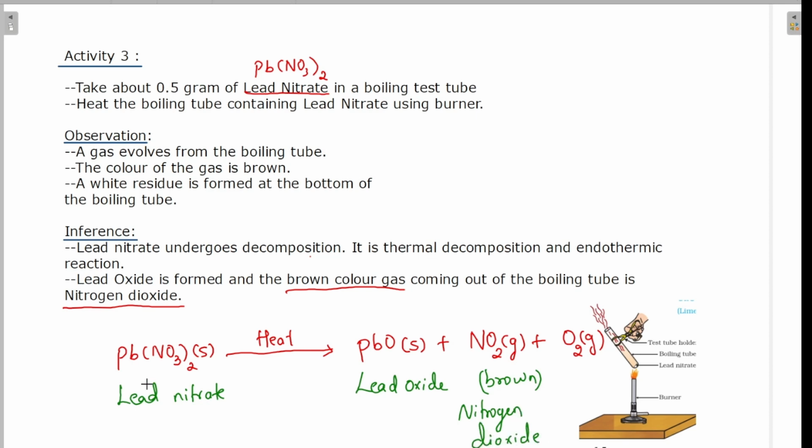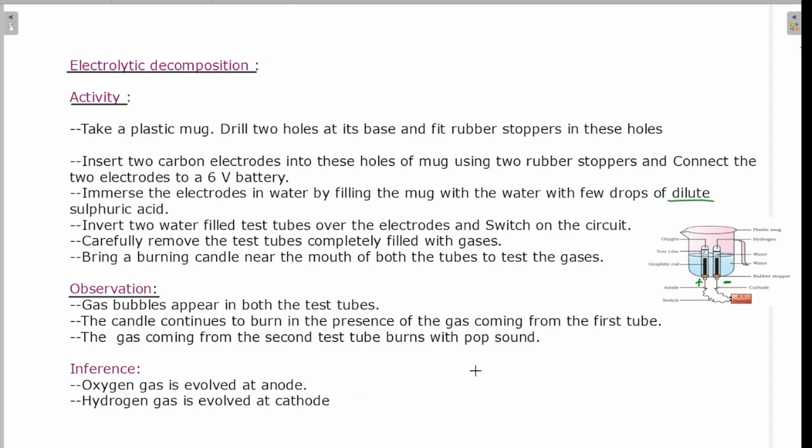And don't forget to balance the chemical equation. These are different examples for thermal decomposition reaction, and whatever reactions that we have seen here are mentioned in your syllabus. So it is very important to go through all these reactions.